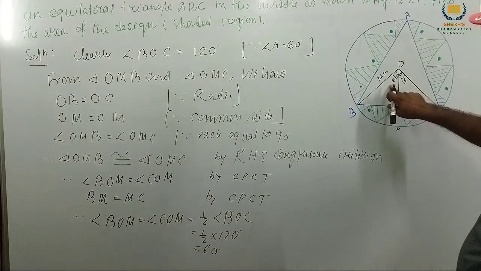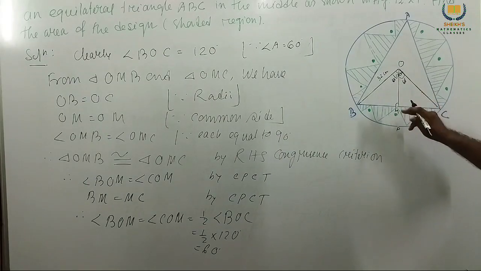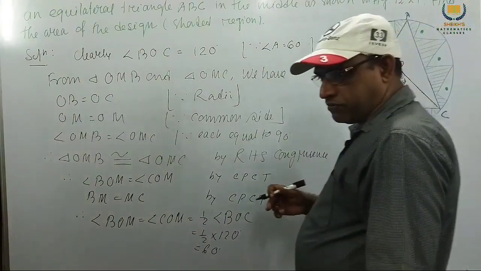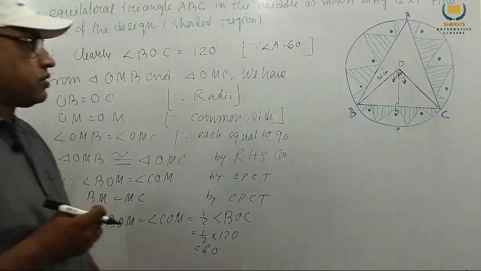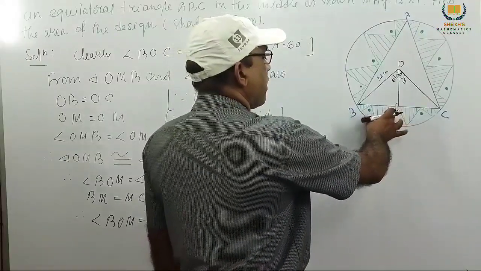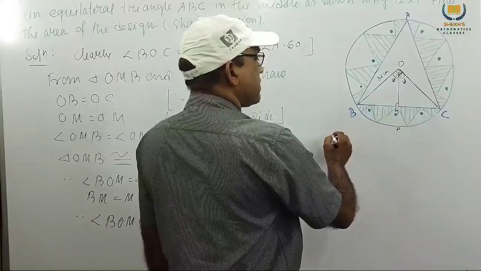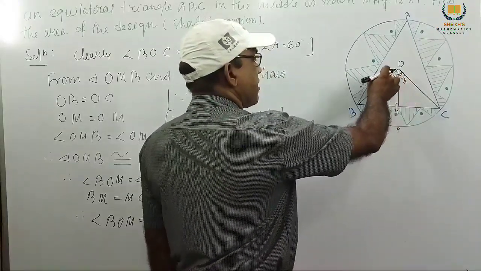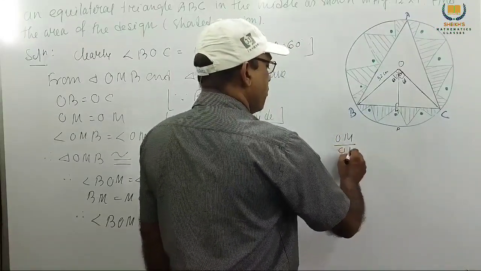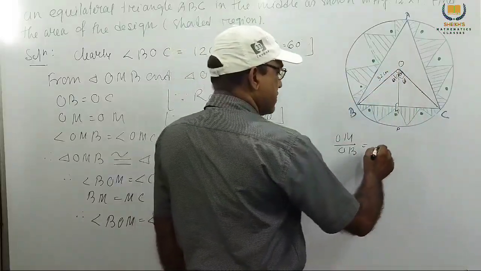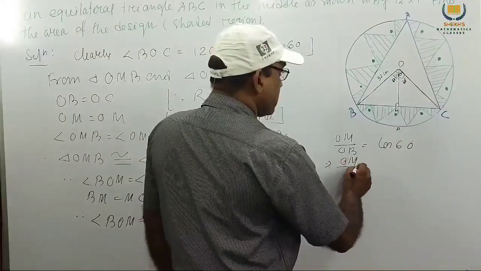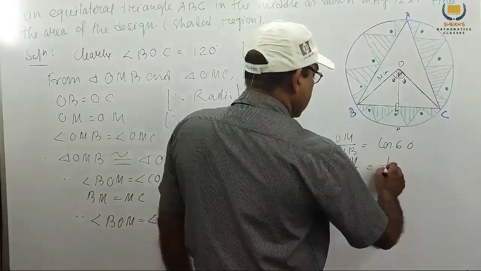If this is 60 and this is 90 degrees, then obviously this is the hypotenuse. If it is 60, then this is the perpendicular. Again, this is a right angle triangle, this is the hypotenuse. So OM by OB, base by hypotenuse, is cos 60 degrees, and OB is 32 and cos 60 is half.